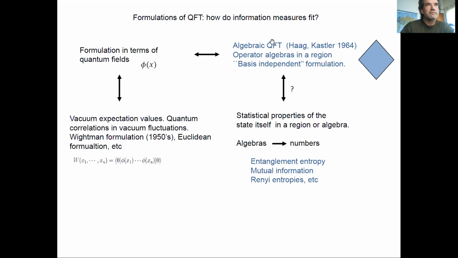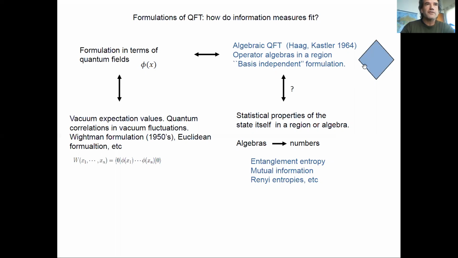The good thing of this approach is that it's a kind of basis-independent formulation of the theory, because one can have, for example, different fields giving the same algebra, such as the scalar field or the scalar field to the power of three, or one can have dualities and represent the same algebra in terms of some other basis of operators. But here we take all the operators in some region, and this is a basis-independent formulation.